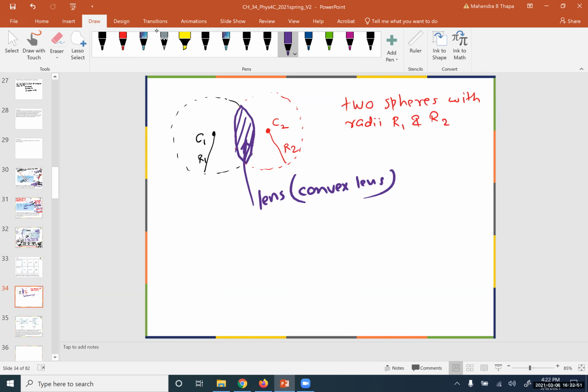In this case, we have to define the axis. You know that a lens has two surfaces, first surface 1 and second surface 2. It has two centers, one for each surface. This is C1 and this is C2. If we join C1 and C2, this is called the principal axis.